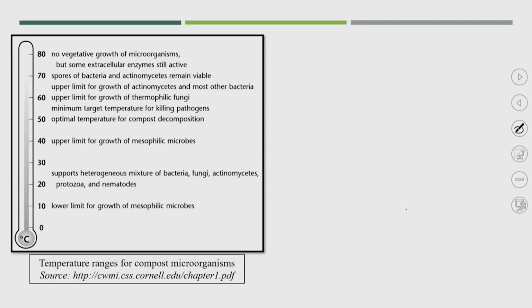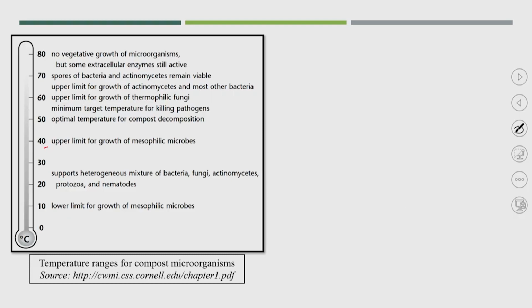Here you can see how the growth of microorganisms varies across different temperature ranges. At 10 degrees, there is lower growth of mesophilic microbes, so at 10 degrees ambient temperature it is difficult to get a proper degradation process. Once the temperature rises to 30 to 40, 40 is the upper limit of growth of mesophilic microbes.